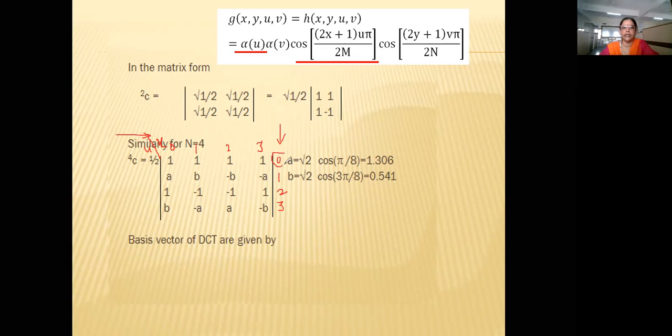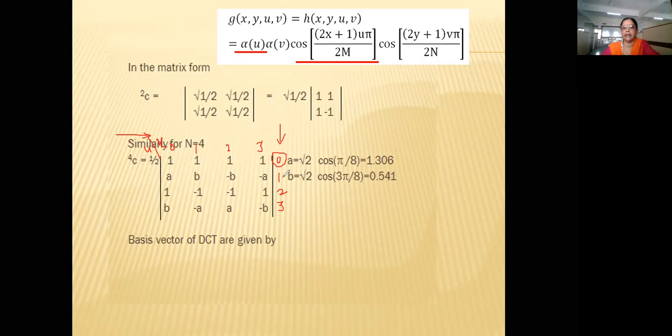So when u is 0, we can compute the forward transformation kernel value for x equal to 0, 1, 2 and 3. All these values are 1/2, 1/2, 1/2, 1/2, and this 1/2 is taken outside from these 4 elements.